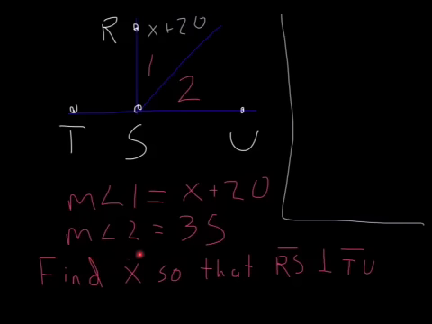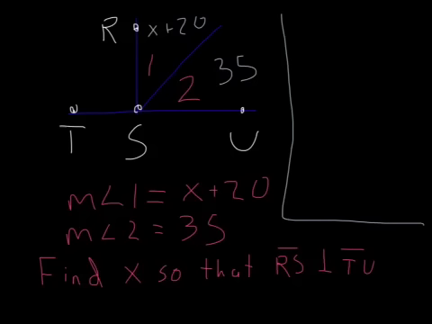Looking down here, we know measurement angle 2 is 35, so we know angle 2 is 35, and they're asking us to find x so that RS is perpendicular. Remember, that sign means perpendicular, so that RS is perpendicular to TU. So they want RS to be perpendicular to TU.